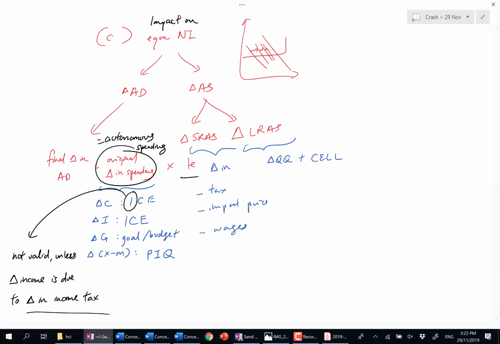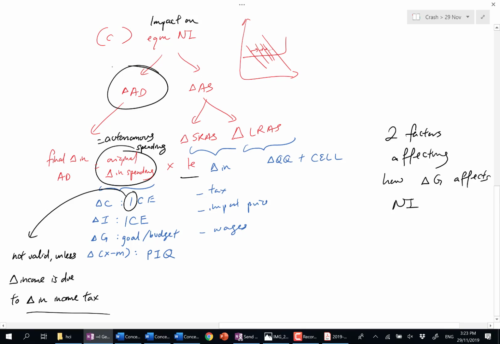So there was a year in the A levels, I think they asked students to explain two factors affecting how a change in G affects equilibrium national income. A change in G is clearly here. So the first factor is the size of your multiplier. That's one. Then the other factor, you could say, well, it depends on whether G is a large part of AD.